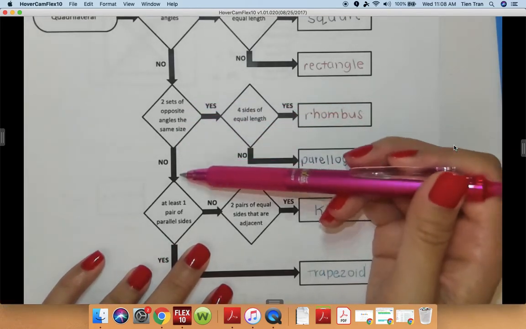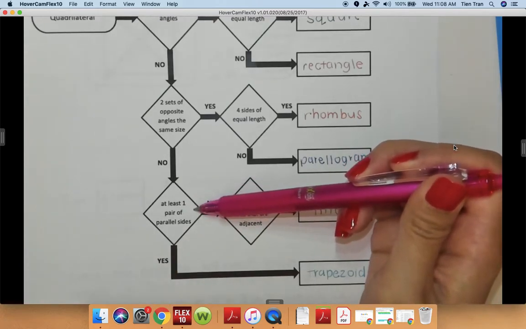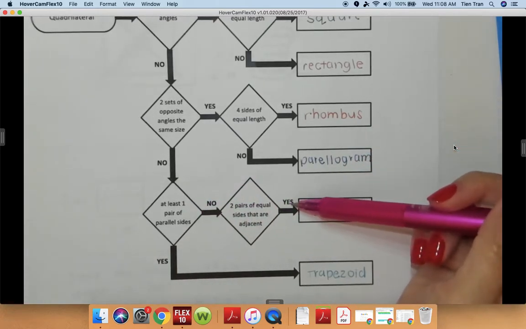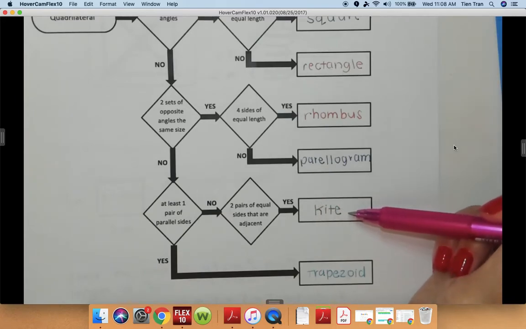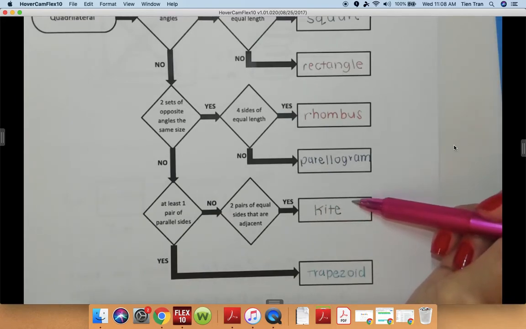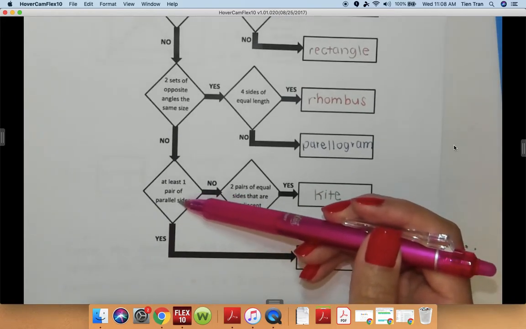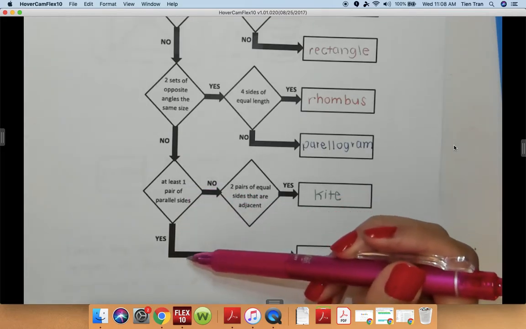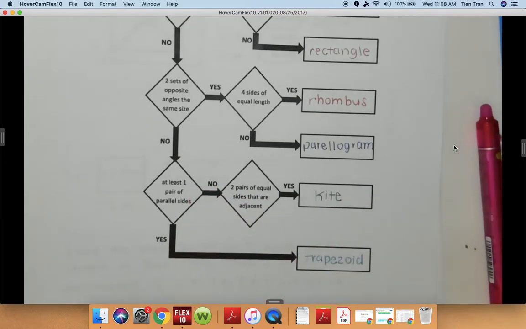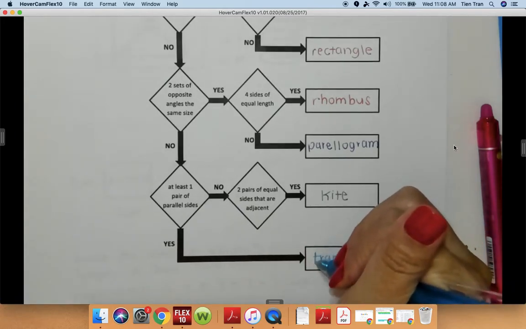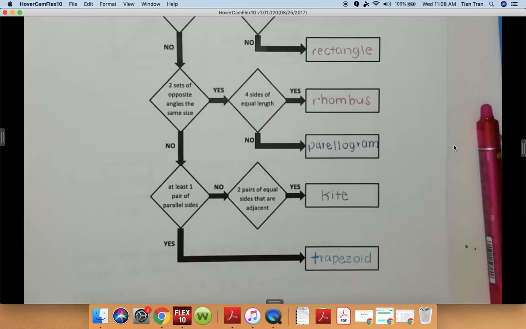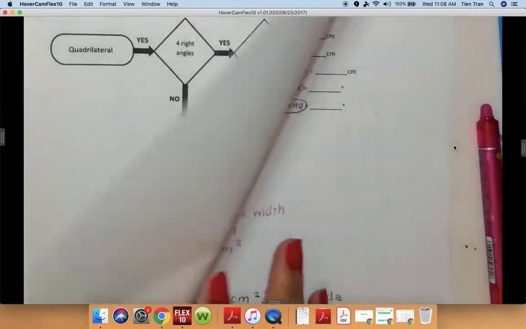Now, what if there is at least 1 pair of parallel sides, but it does not have 2 pairs of equal sides that are adjacent? That is called a kite. Now, what if there is at least 1 pair of parallel sides? Then it is called a trapezoid. So it is a chart of how to identify the different shapes. Okay, I'm going to turn the page.